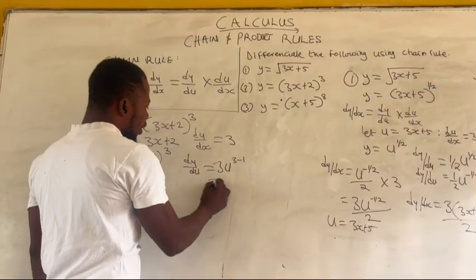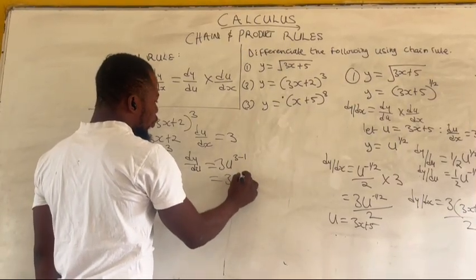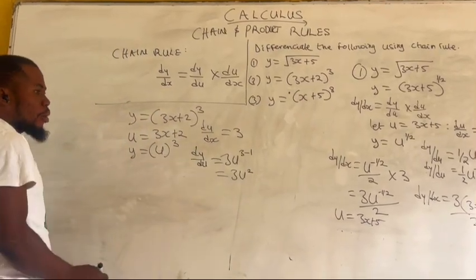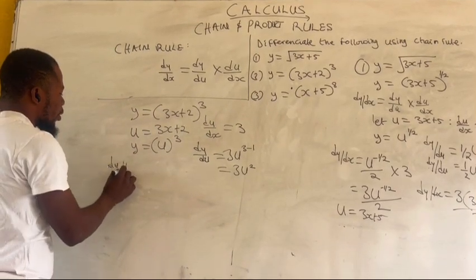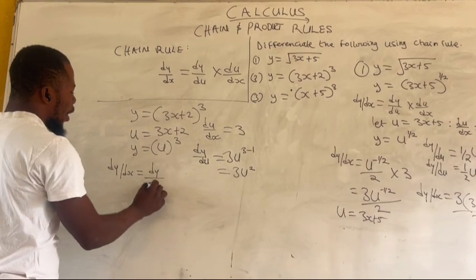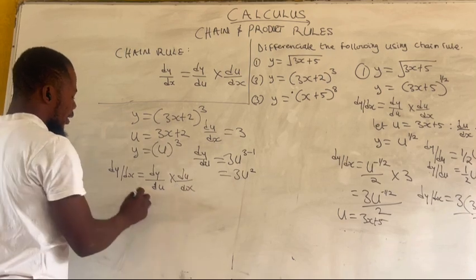So our dy du will now give us 3u raised to the power of 2, since 3 minus 1 gives us 2. And then we will now substitute them in our formula, which is dy dx equals dy over du multiplied by du over dx.